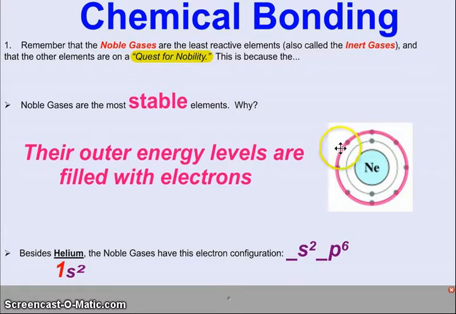But here you see neon, and its second energy level is filled with 8 valence electrons. So after neon, there's argon. That would be 3s2, 3p6.